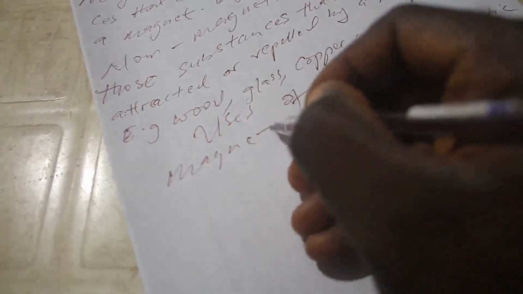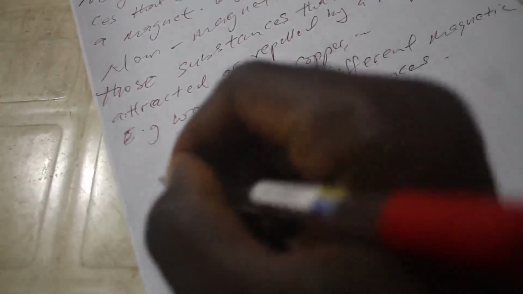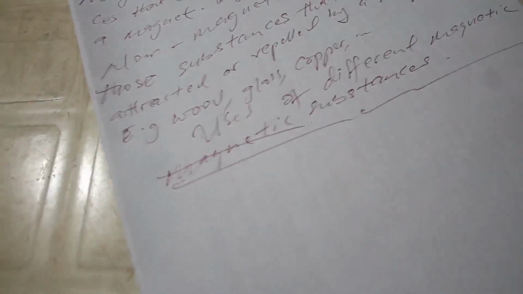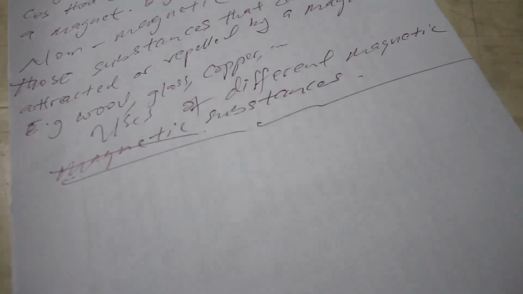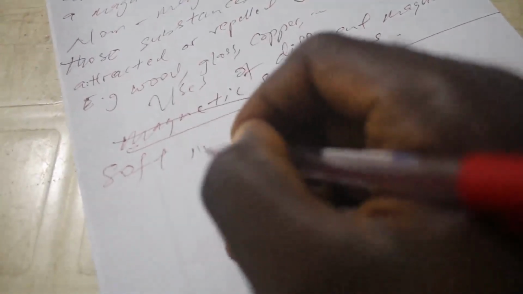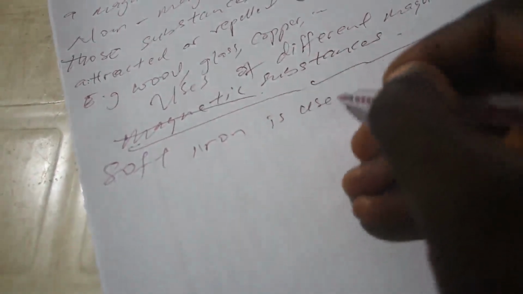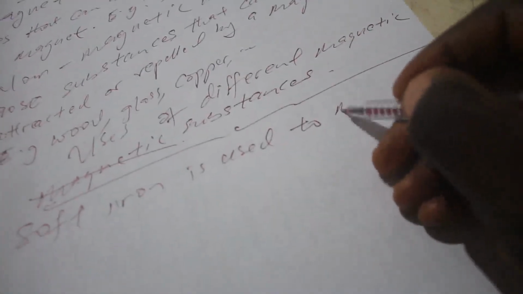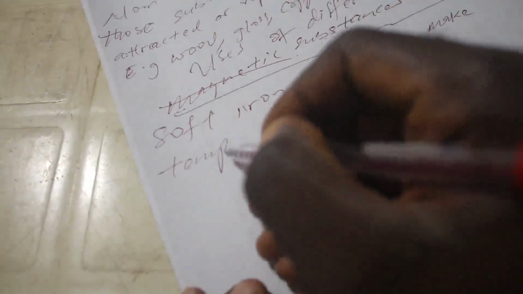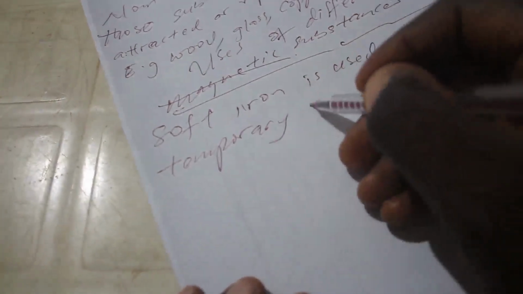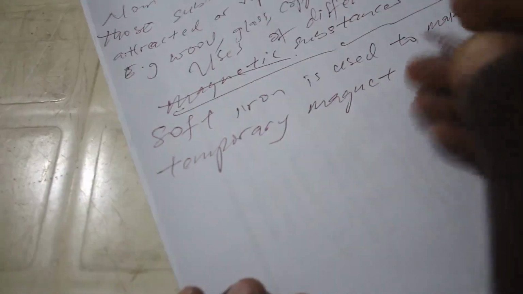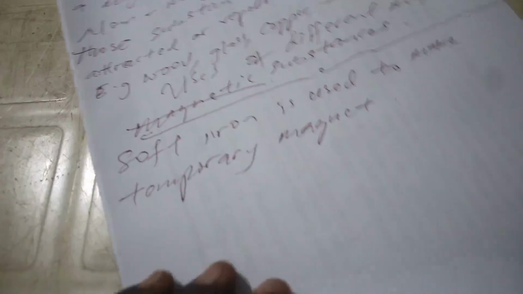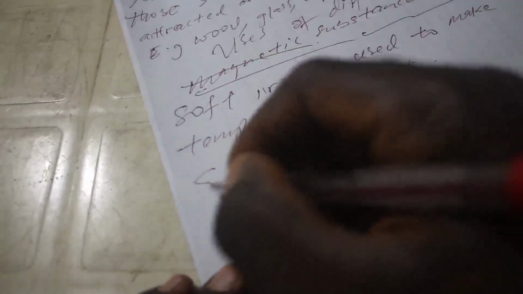Soft iron is used to make temporary magnets. Steel is used to make permanent magnets.